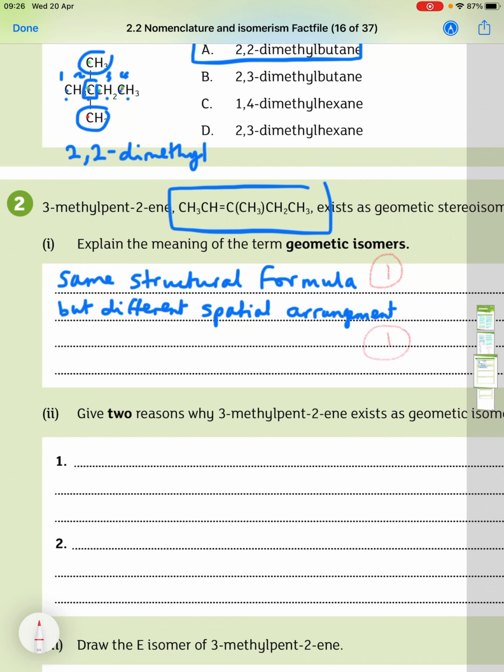Okay, so 1 mark for the same structural formula, 1 for saying different spatial arrangement. You could say that they're non-superimposable or that they have different arrangements in 3 dimensions.